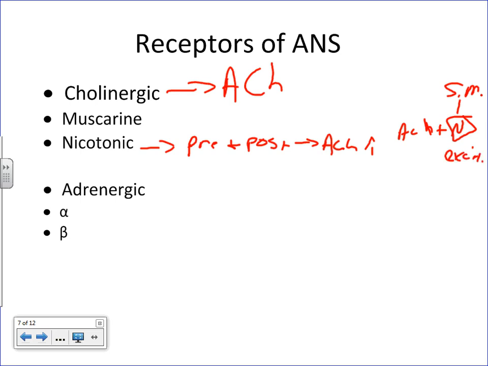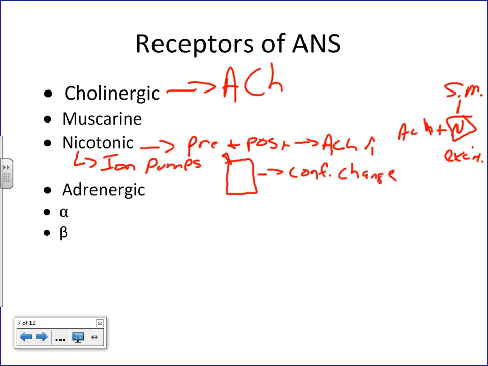Essentially, nicotinic receptors are ion channels. They're made up of various protein subunits, and I'm not going to go into the molecular biology of these. When acetylcholine binds to these protein subunits, it creates a conformational change, which makes the gate open up.